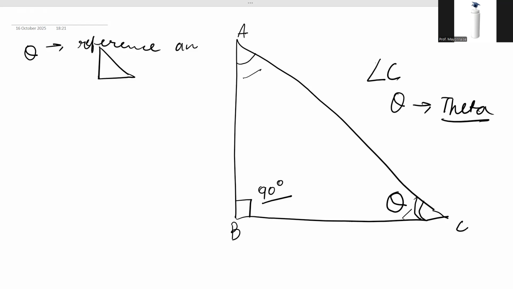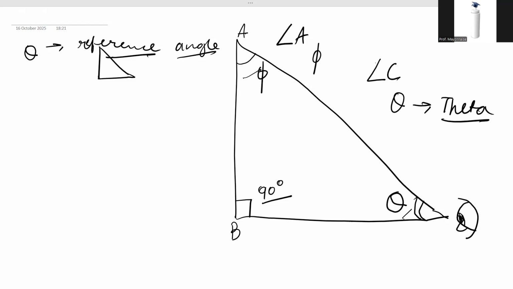What I mean by reference angle is that the stuff I'm about to write now, you are supposed to look at it from this angle, right? So put your eye here. This is your reference angle, all right? And let's name angle A, phi. All of these are Greek letters.